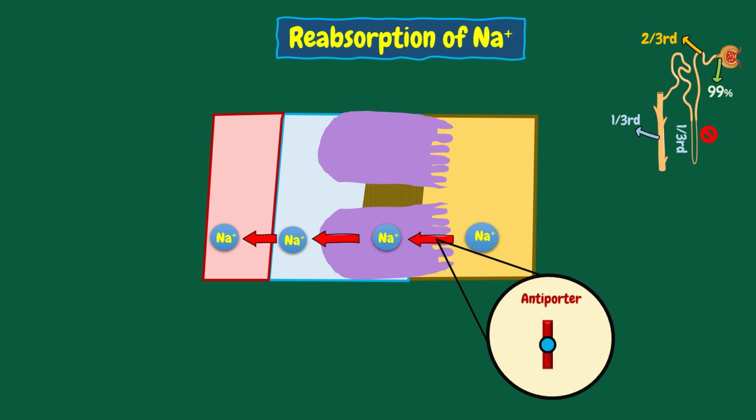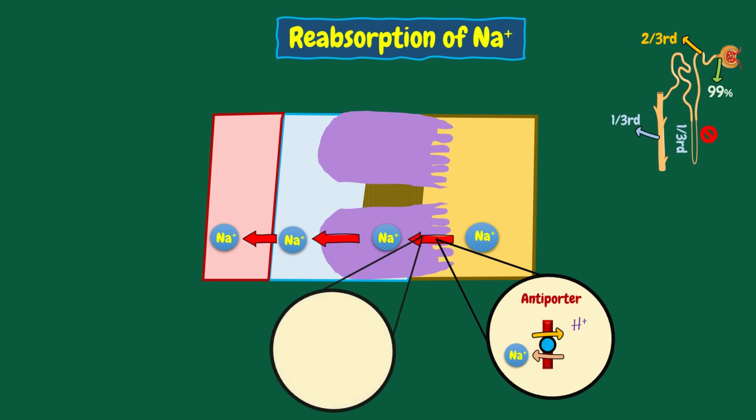First way is by antiport, which is sodium counterport protein, in proximal convoluted tubules, through which exchange of hydrogen by sodium occurs. An antiporter is a membrane protein that transports 2 molecules at the same time in the opposite direction, while the other way is by symport, which is sodium cotransport protein in other segments and collecting duct.